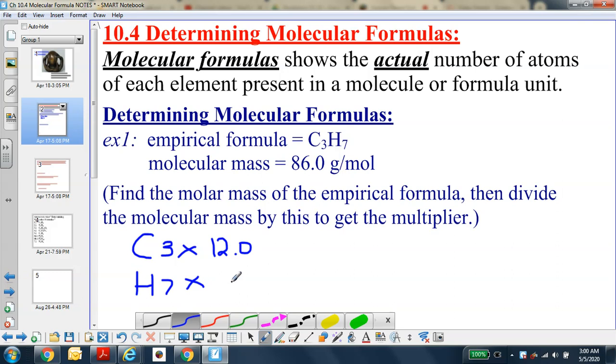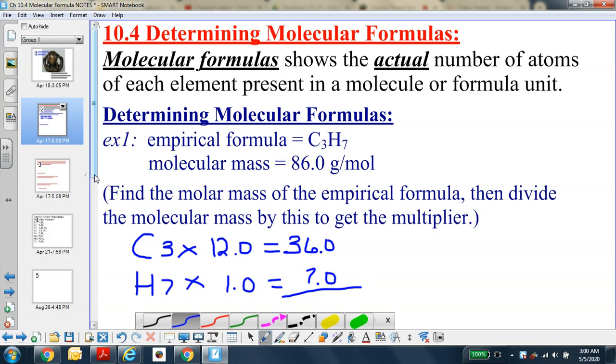Hydrogen's atomic mass, rounded to one place past the decimal, is 1.0. So 3 times 12.0 is 36.0. 7 times 1.0 is 7.0.